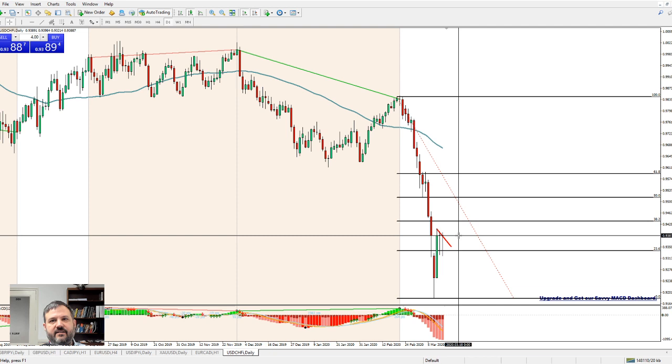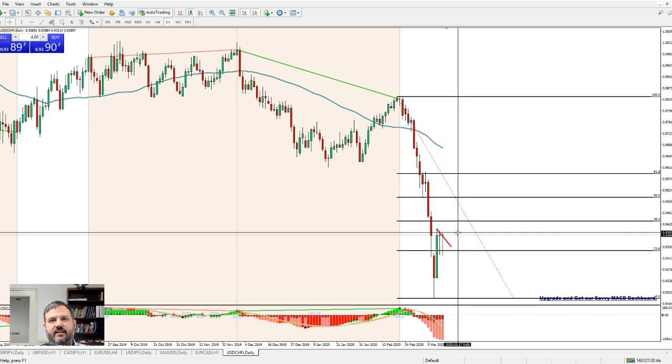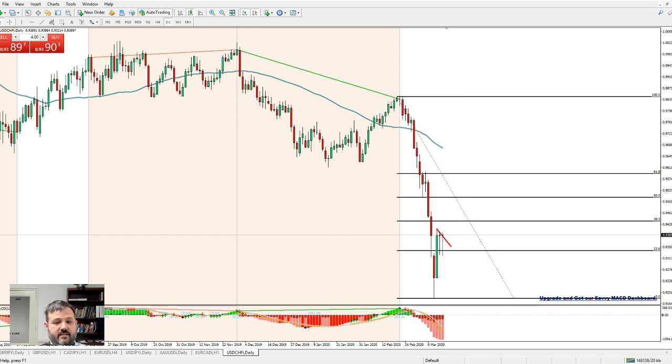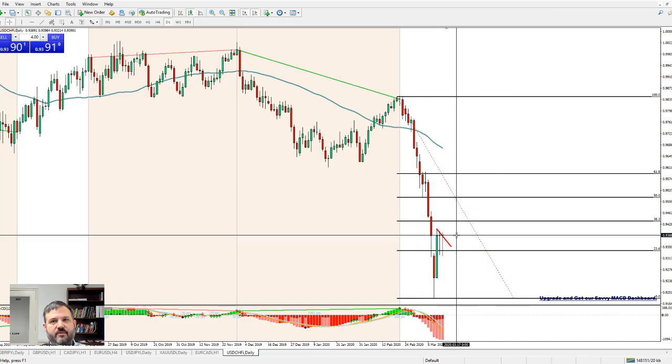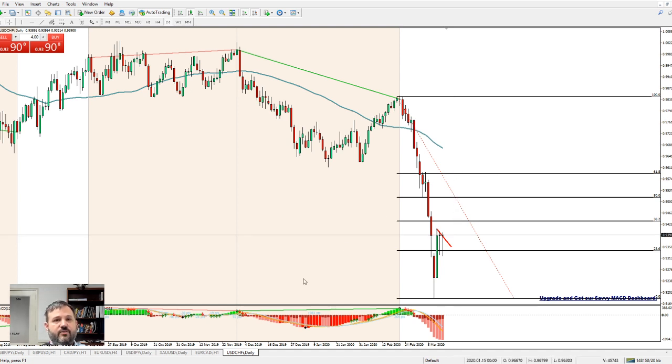So if I get in here and my stop loss is 70 pips, my target would have to be 70 times 3. Let's see what 70 times 3 is. 70 times 3 equals 210. So I'd have to go at least a minimum of 210, which would be right into this area. And so I could do that.